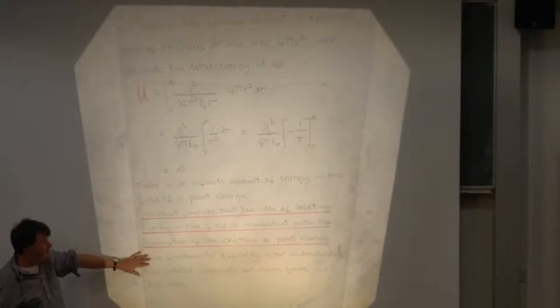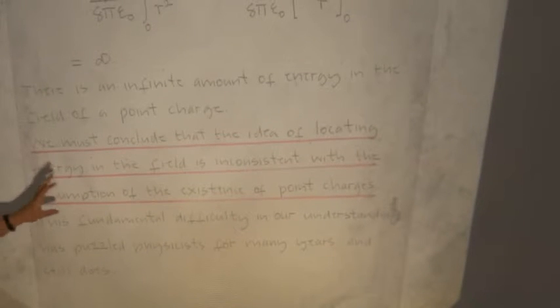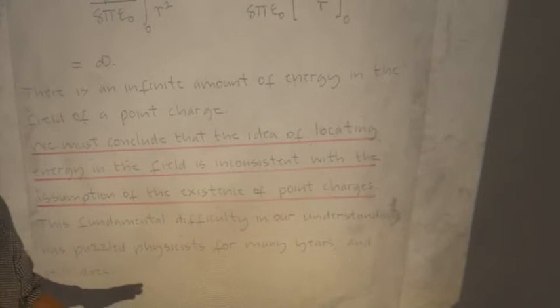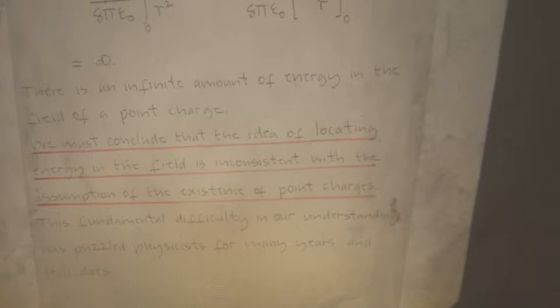Now, we can't brush this under the carpet. This is a fundamental difficulty in our understanding of physics, and it's puzzled physicists for a long time, and it still does. In quantum electrodynamics, an electron is going to be described as a wave, maybe a fairly localized wave.